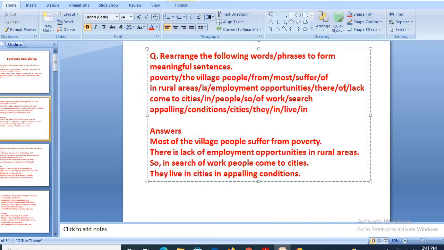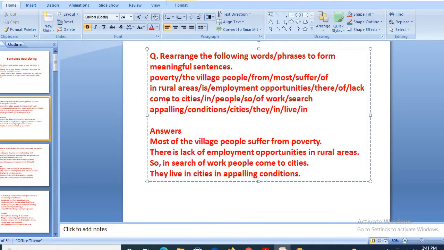You have to arrange it properly. So either by numbering you can arrange it by putting numbers, then finally making it fresh, or you read the question properly and try to get the answer from there. So it will be like this. There is lack of employment opportunities in rural areas.